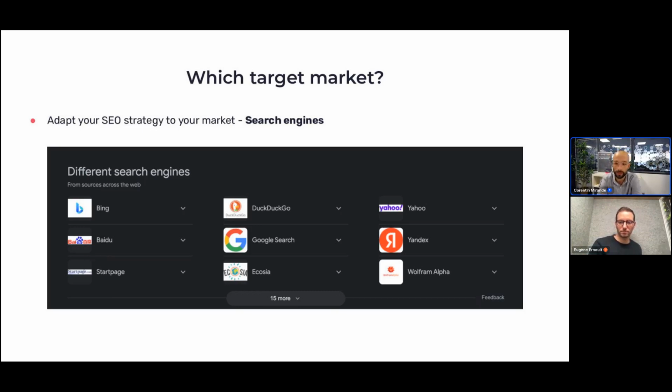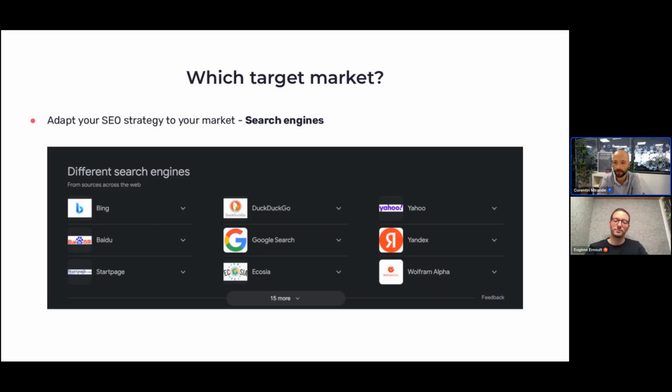Yet, if you are in the senior industry and you want to attract older people to your website, Bing is a good option. Why? Because people will not change the default search engine, and so they will be on Bing.